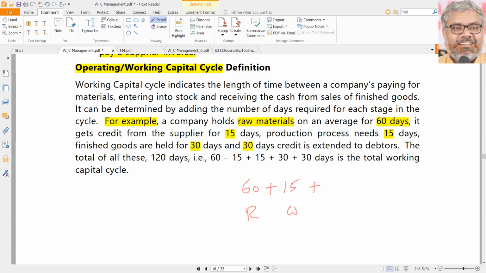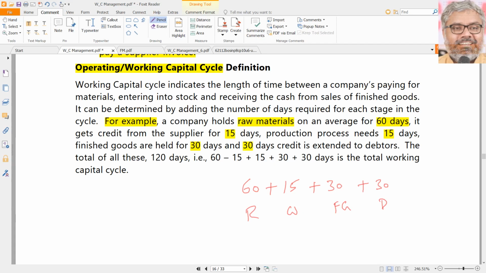Even when production is completed and finished goods are produced, they are not sold immediately. They are going to stay there for 30 days. That is the finished goods staying period. Then, okay, finished goods are sold, but we are not getting cash immediately. We are going to get it after 30 days only from the customers. So, among current assets, this 30 days is debtors or receivables, whatever you can call it.